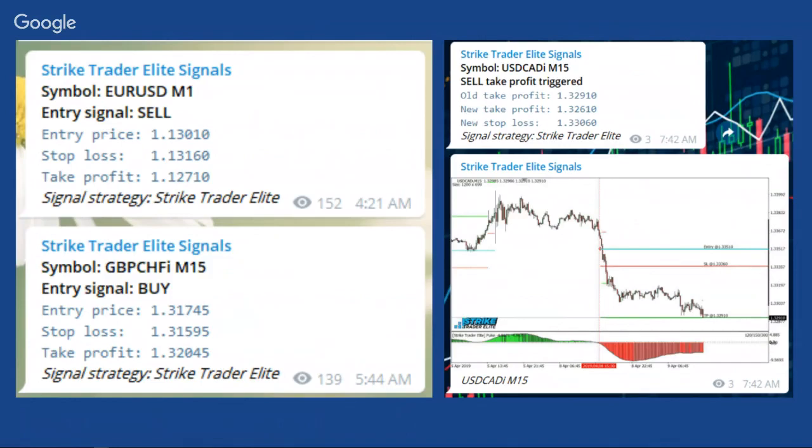A screenshot of the steps. Absolutely. Let me give you a screenshot of the steps.